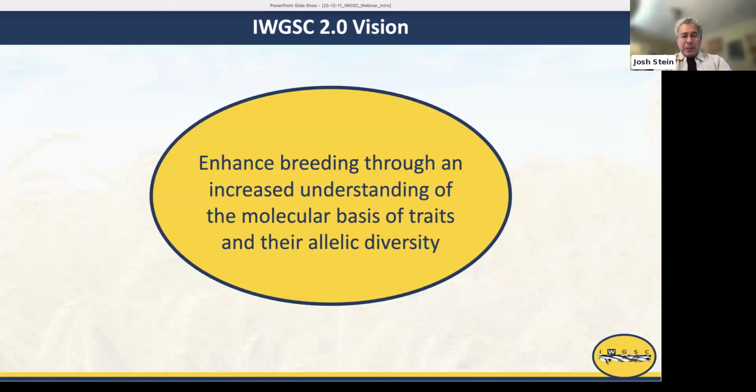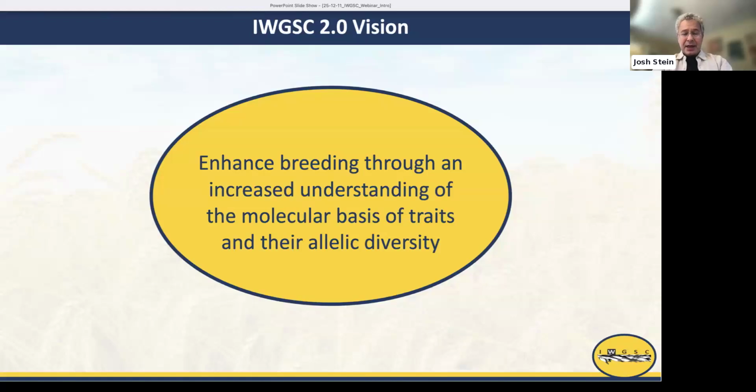Most of you probably know that the IWGSC's principal goal was to produce the first reference genome sequence for hexaploid wheat, and that was accomplished back in 2017, 2018.